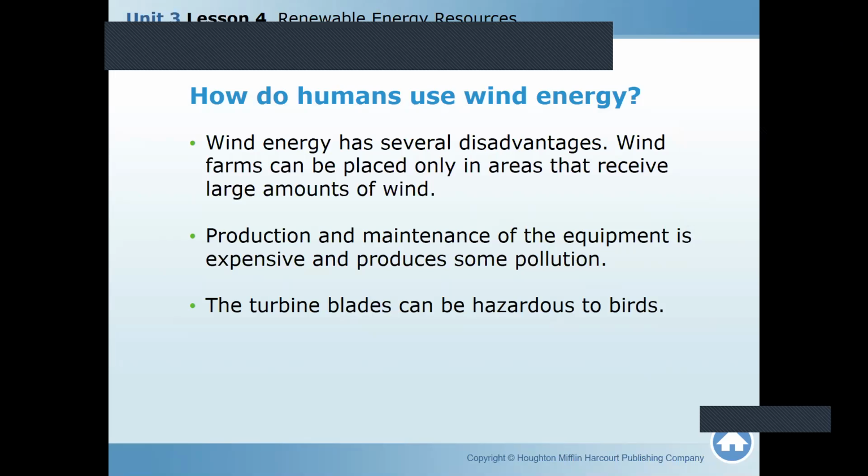Now, when I say wind farms, you can imagine so many fans standing in front of you. You know the table fan? So many of them are there that receive large amounts of wind. And when all of them are moving with a greater speed, what happens after that? It generates electricity, what I have shown you in the video yesterday.